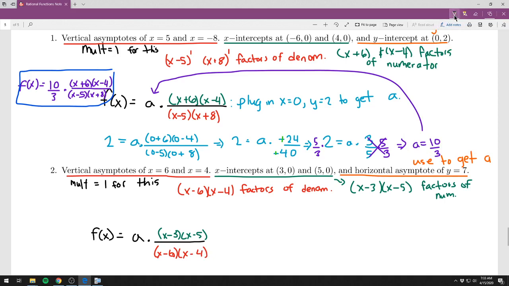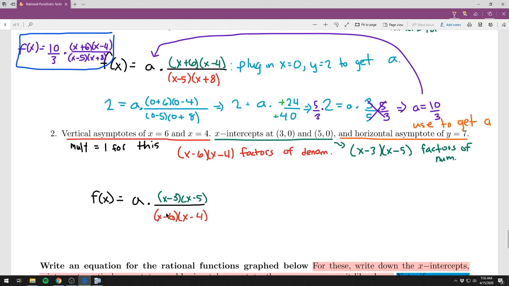Now the question right away is, how are we going to use this to get a? How do we figure out the horizontal asymptote of this thing? Well, what you want to notice here is that a is just a number. If you look at the degrees here, if we multiply these out, these both have degree 2.